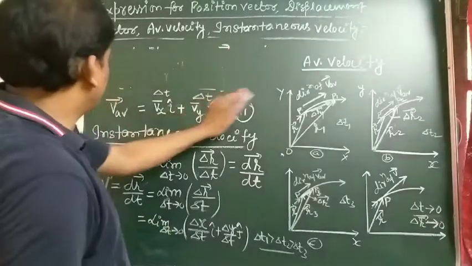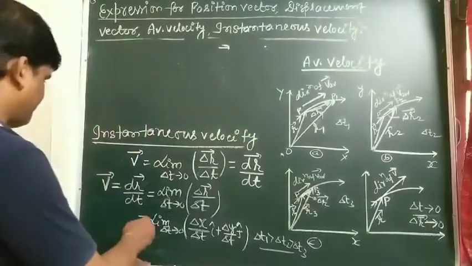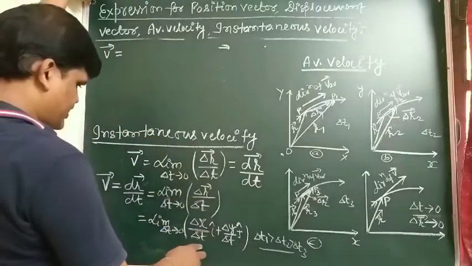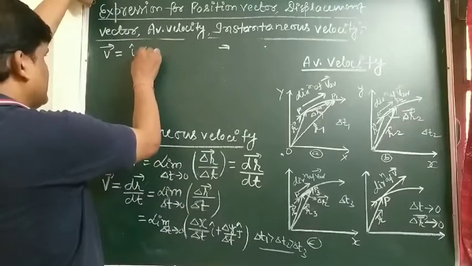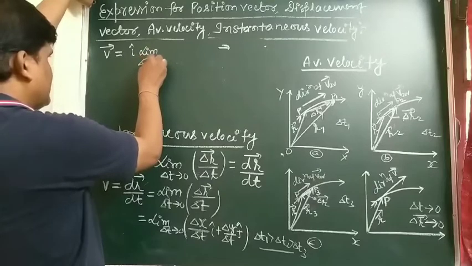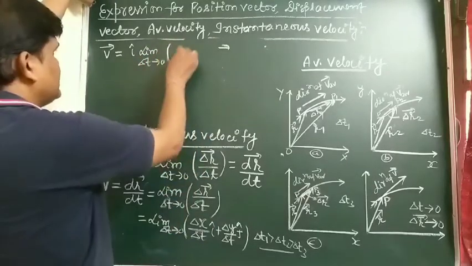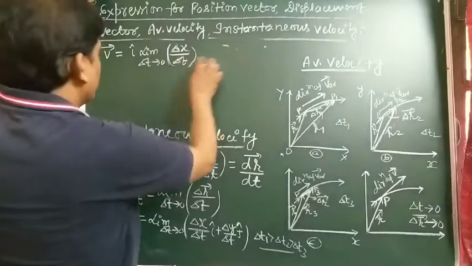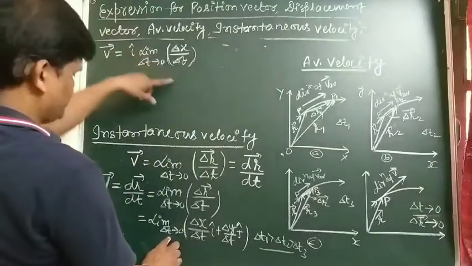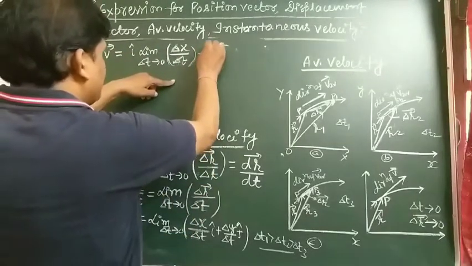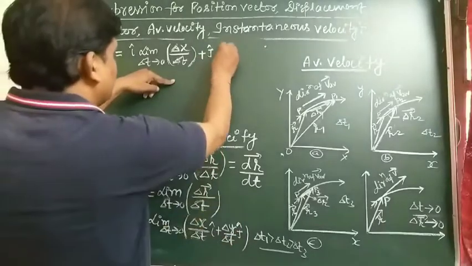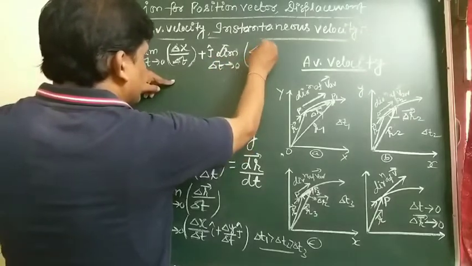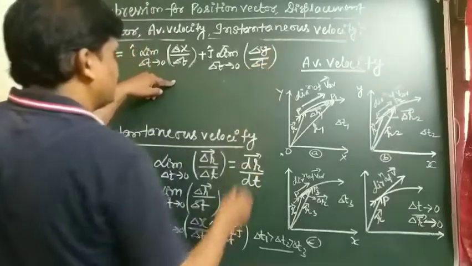Now this instantaneous velocity of the object can be written as, student, instantaneous velocity V, now separate it: i cap limit delta t tends to 0 of delta x by delta t, plus j cap taken outside, limit delta t tends to 0 of delta y by delta t.